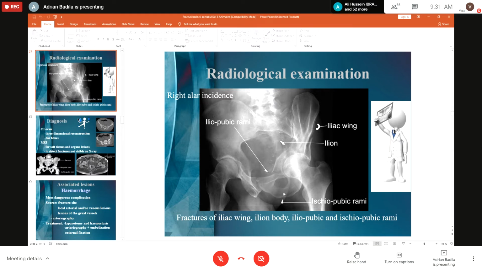And we can see a fracture of the ischiopubic rami here, a comminuted fracture of the iliopubic rami with a fracture of the acetabulum, a fracture at the level of the ilion body, and another fracture at the level of the iliac wing. So a comminuted fracture of the left hemipelvis.